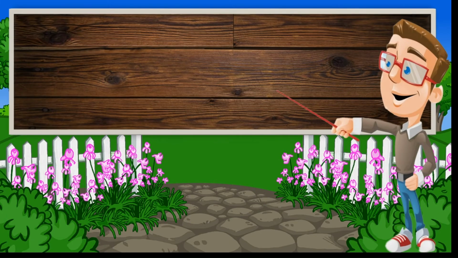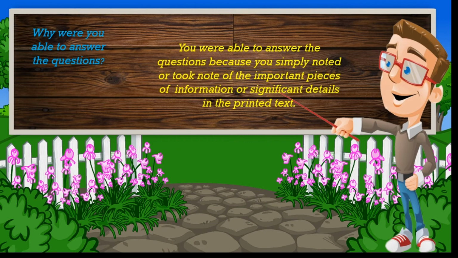In the previous activity, why were you able to answer the questions? You were able to answer questions because you simply noted important details or took note of the important pieces of information or significant details in the printed text.